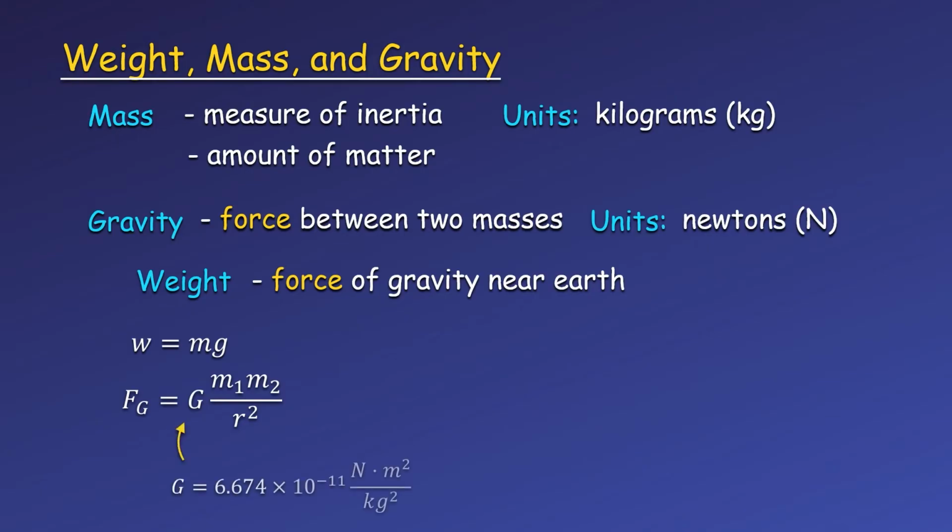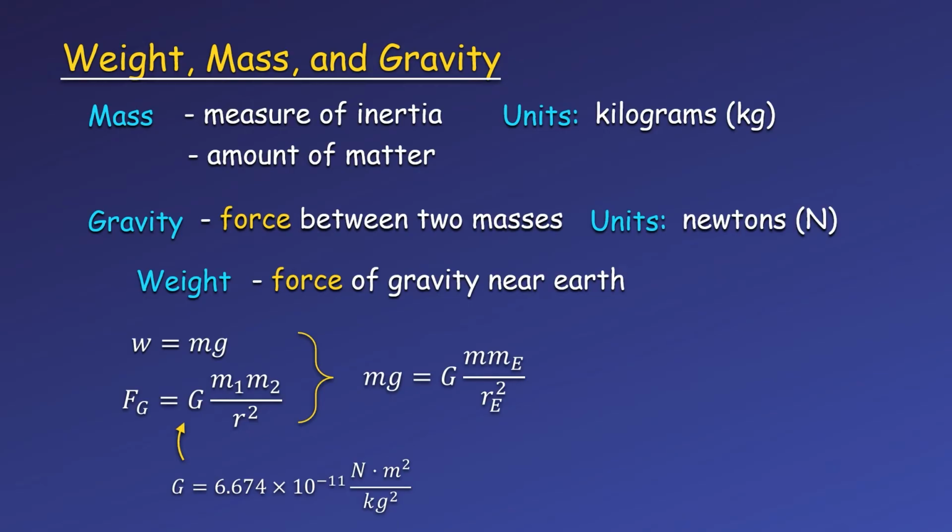The big G in front is a constant of nature that has a value that is known, and it would either be given to you or you would look it up if you needed to know it. The two M's are the two masses exerting forces on each other, and R is the distance between the centers of those two masses. Now we said these two forces are equal near the surface of the Earth, so we will consider an object at Earth's surface, and then we'll set these forces equal to each other and see what happens.